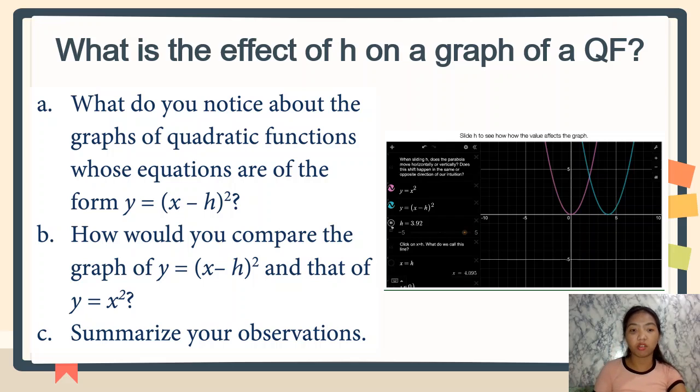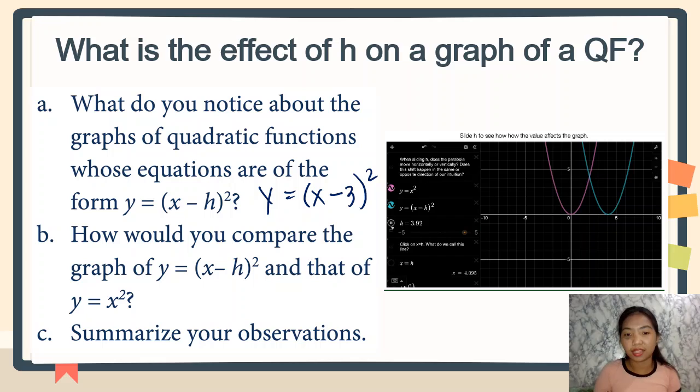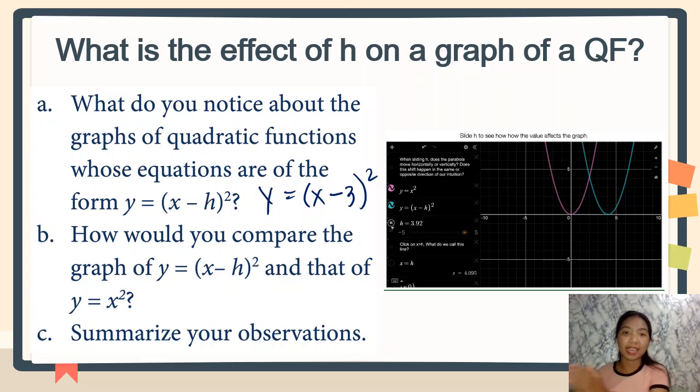But take note, in the formula y equals (x minus h) squared, the sign in front of h is negative. That means if we are given y equals (x minus 3) squared, it tells us the opposite. Since it is minus 3, the graph moves 3 units to the right.